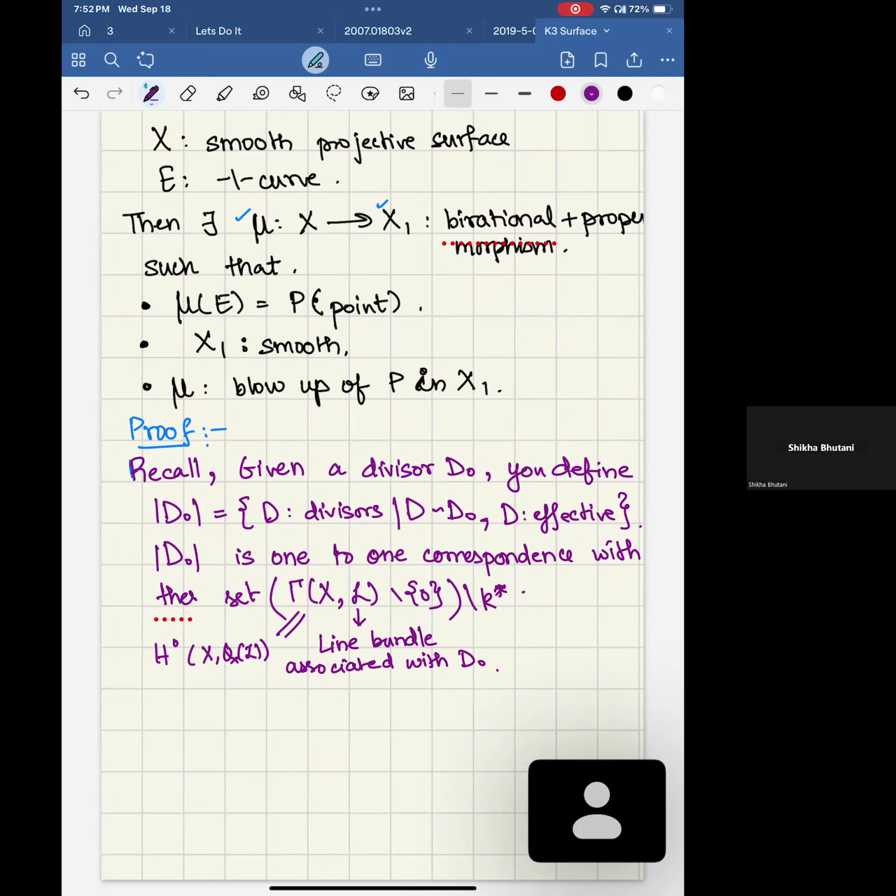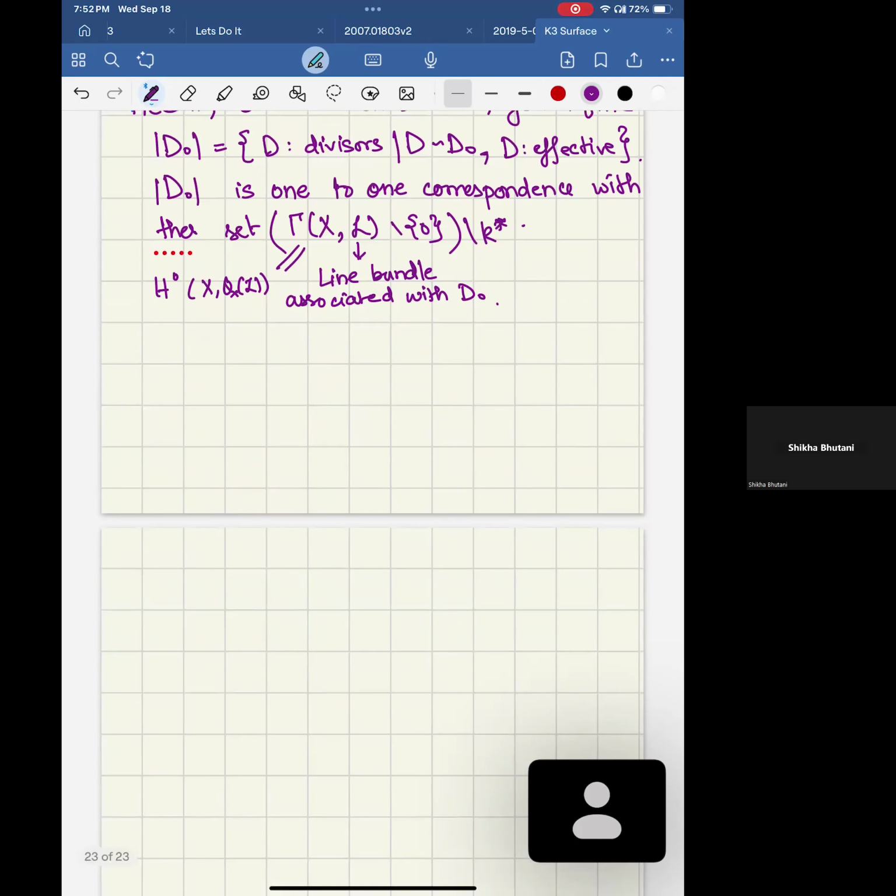And we see that this is in one-to-one correspondence with all the non-zero global sections modulo an equivalence relation, where you call two sections equivalent if they are just a k multiple of each other.